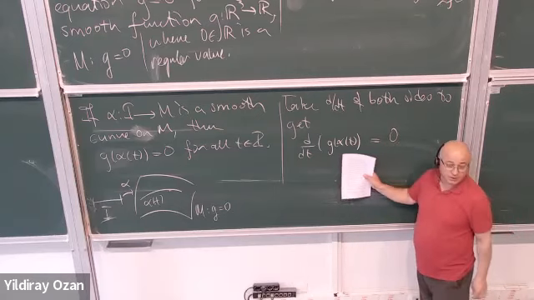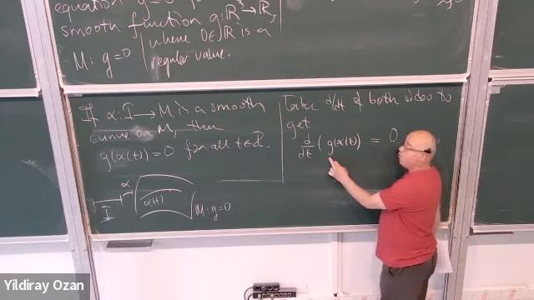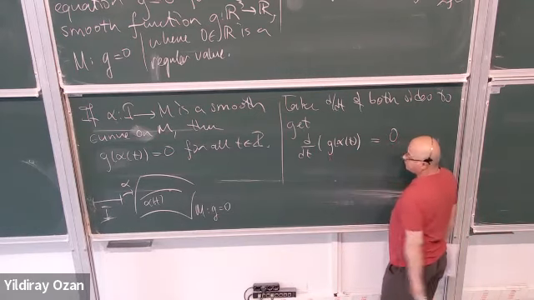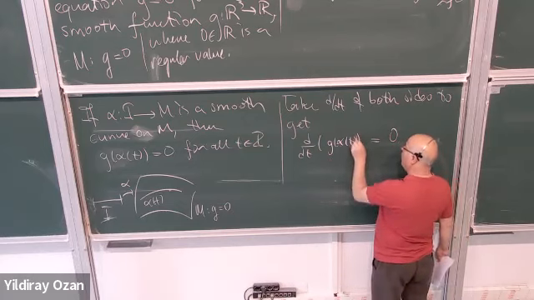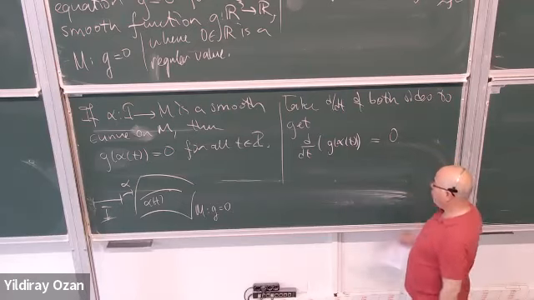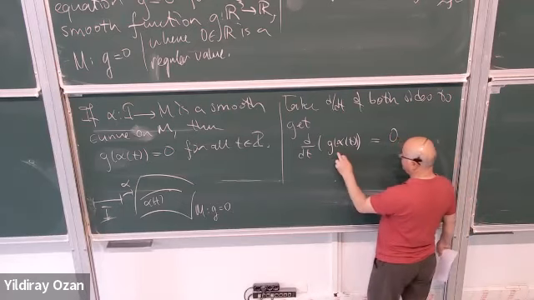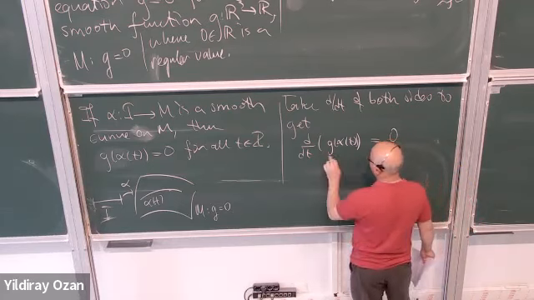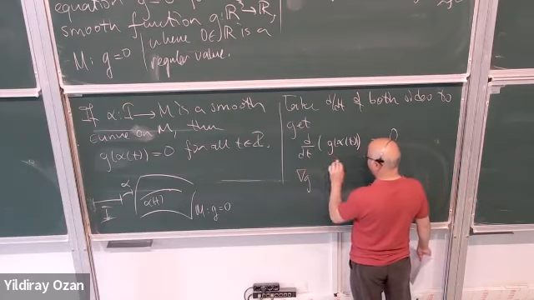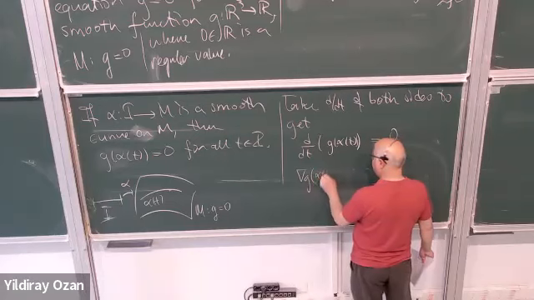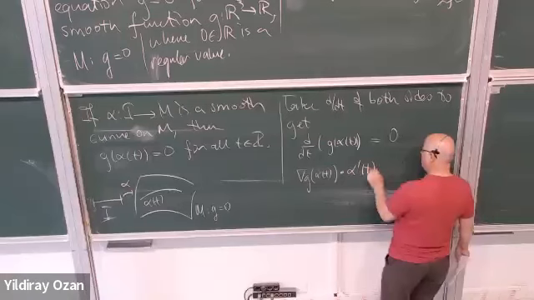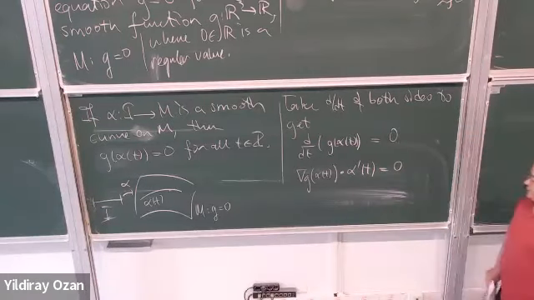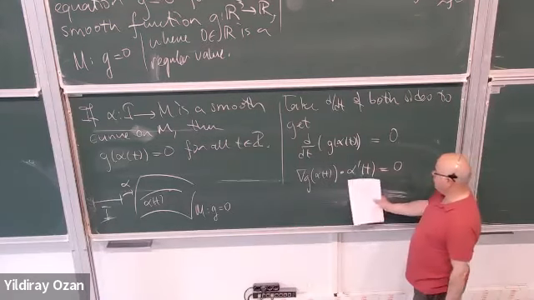But what is this derivative? This is a function from R3 to R, and this is a function from R to R3. I have the composition. What is the derivative? Well, it is just the Leibniz rule. This is just the gradient of G at alpha t, dot product the derivative of the inside. The derivative of this expression is equal to this.